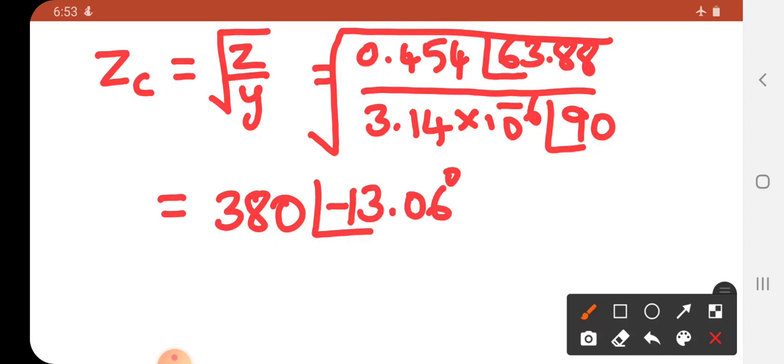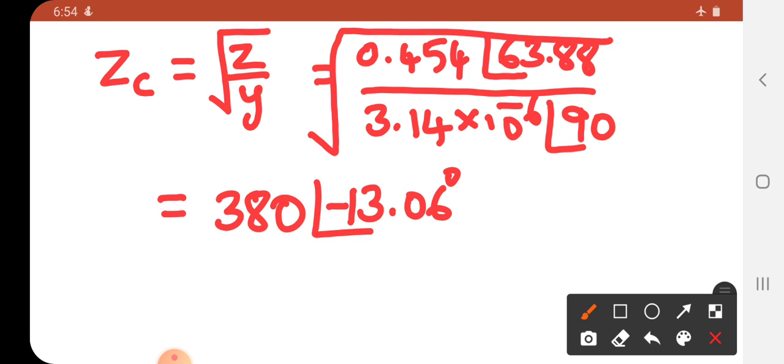I told you already in my previous lecture how to find the square root of a complex number.